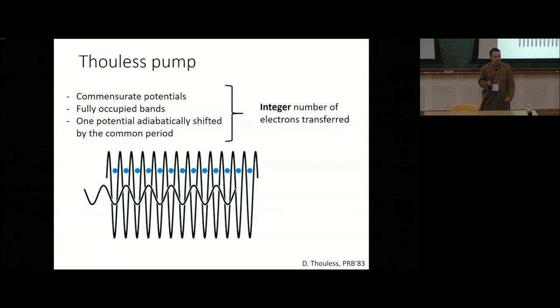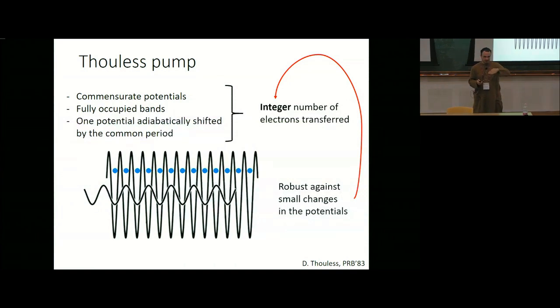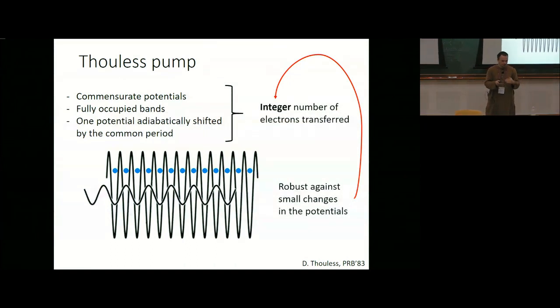Another feature that is going to be very important for me is that this is robust against small changes in the potentials, as long as they satisfy these conditions. And why is that? Well, the number of pumped electrons has to be an integer, and integers cannot change continuously. I can change 2 to 3, but 2.1 is not an integer.